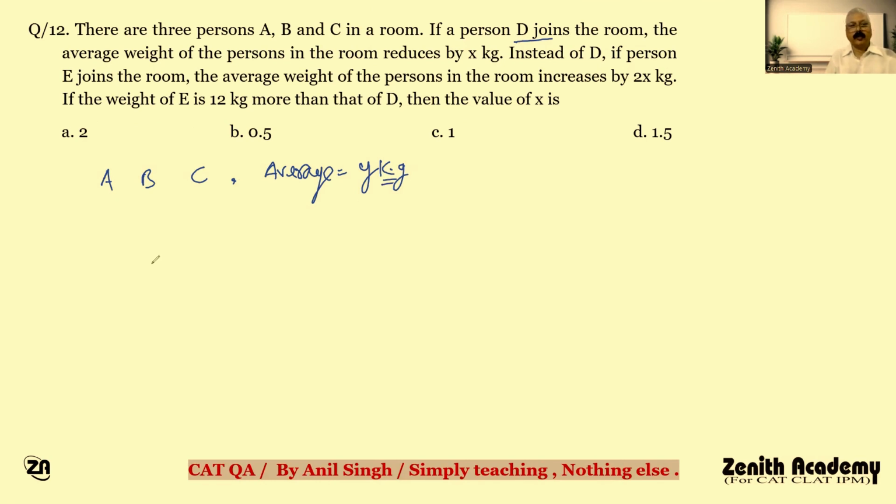If person D joins the room, then this average reduces by X kg, meaning the new average of their weight is Y minus X kg.